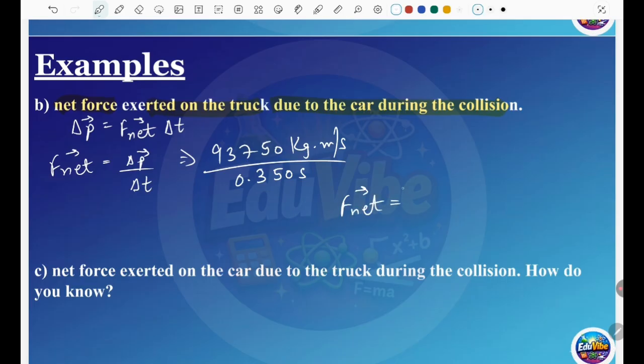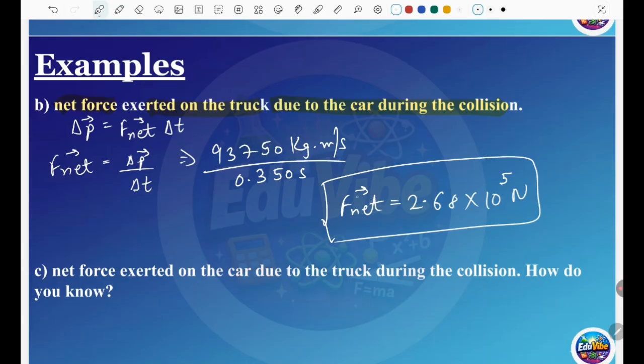To three significant figures, it's 2.68 × 10^5 newtons. Again, you get this in positive, so it's in the east direction. So this is your answer for the net force.